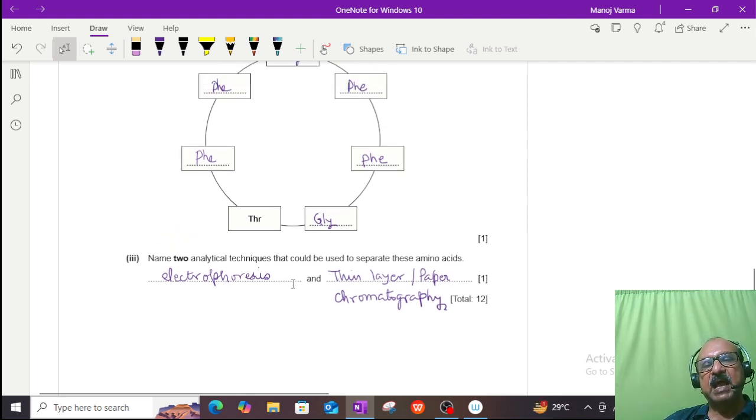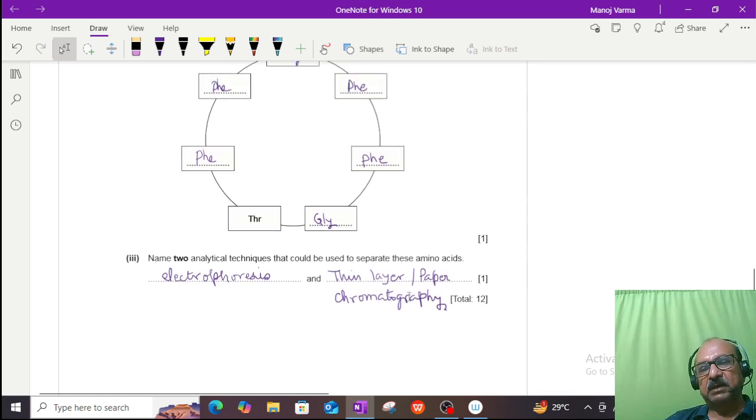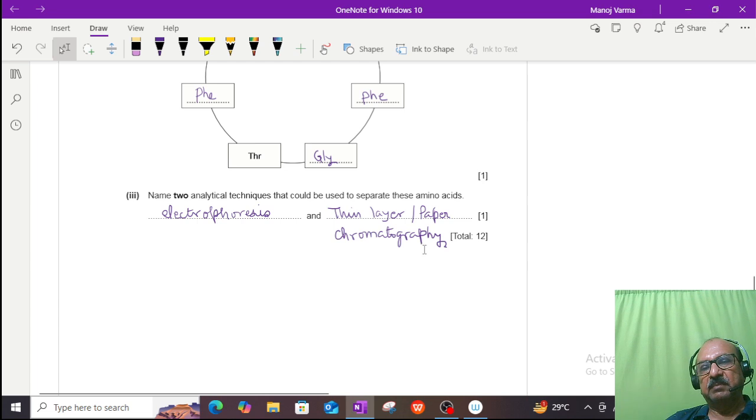And the other method is thin layer or paper chromatography, where the different amino acids move with different speeds and get separated on the paper or on the thin layer slide according to their nature, and that's how we can separate these amino acids.